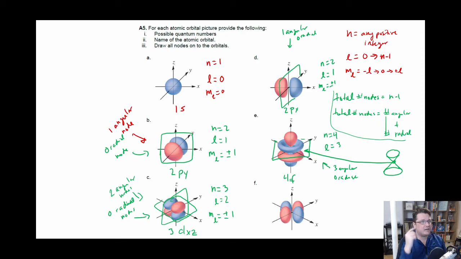In the case of the f, the d's are all quadratic, f becomes cubic, and then g becomes whatever the thing that you referred to, to the power of 4, and so forth. So in this case right here, what we're looking at is the 4f z cubed orbital.